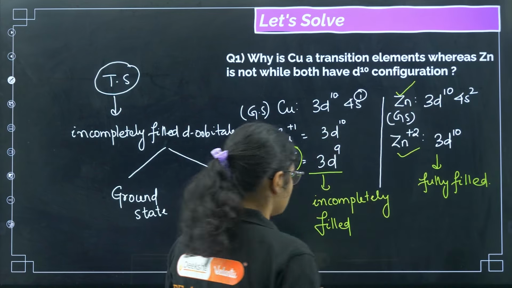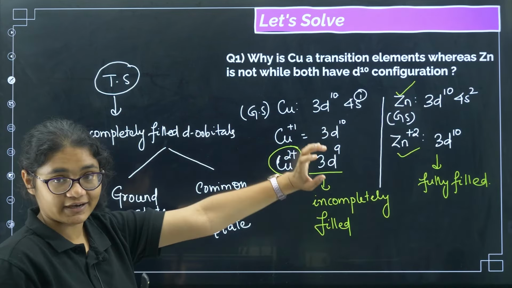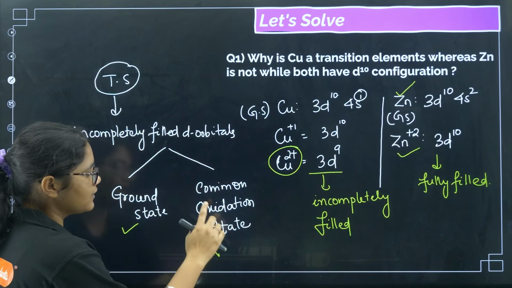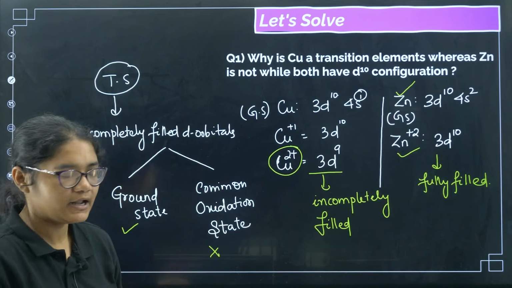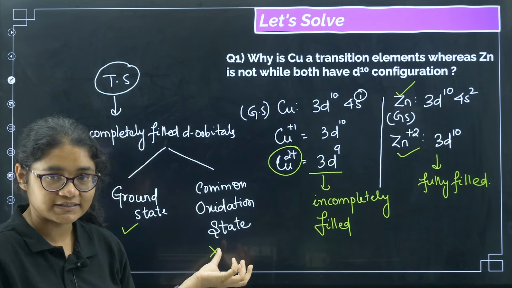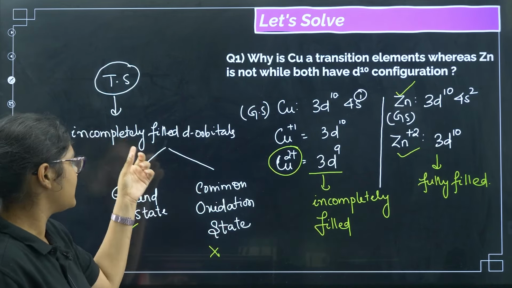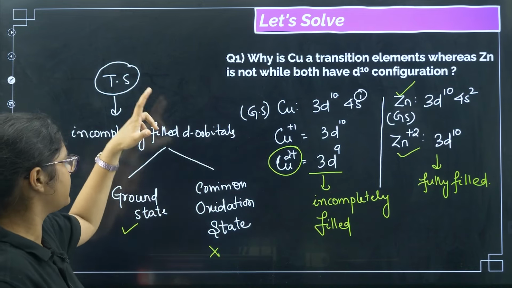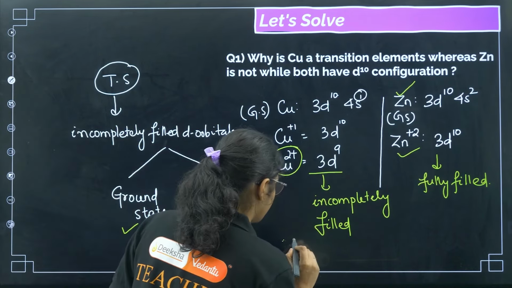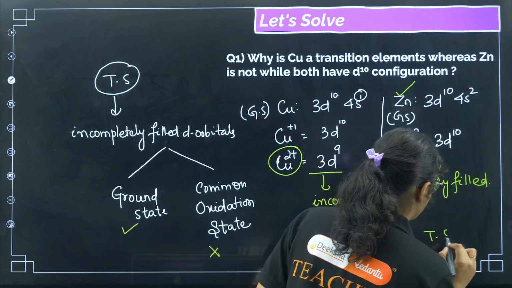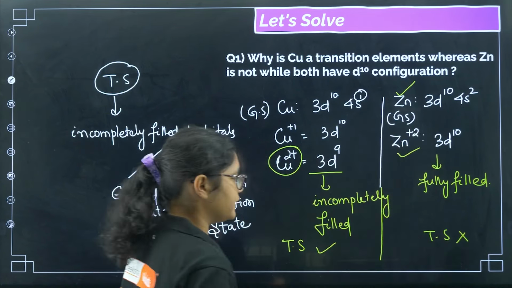So copper has d10 configuration in the ground state, but not in the common oxidation state. Because it doesn't have a completely filled d orbital in the common oxidation state, it has incompletely filled d orbitals, and therefore copper is a transition element, but zinc cannot be. I hope this is clear.